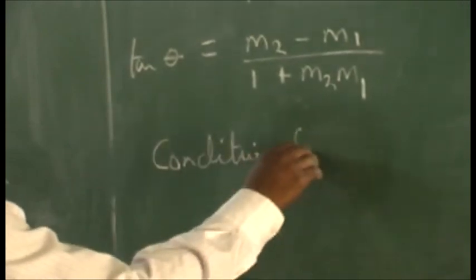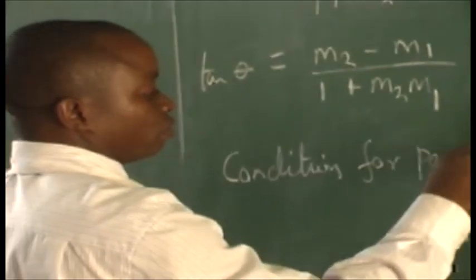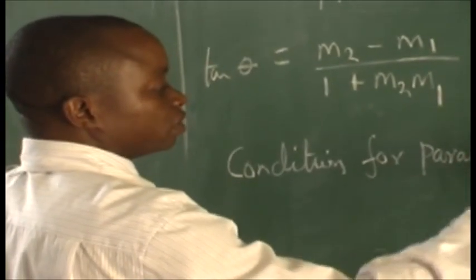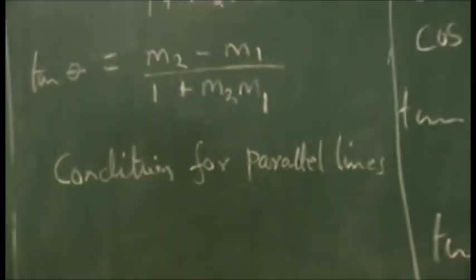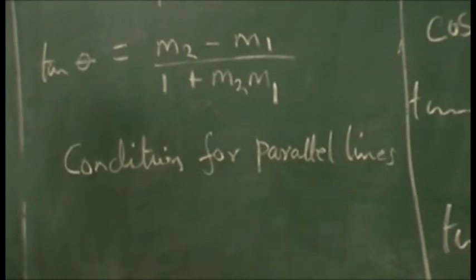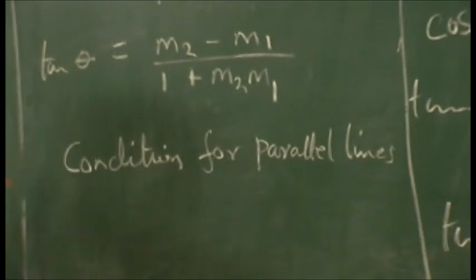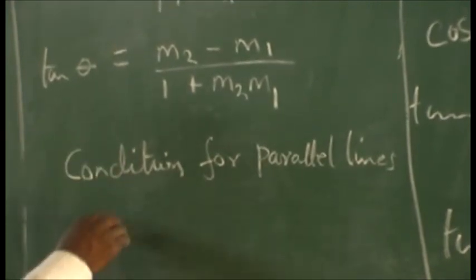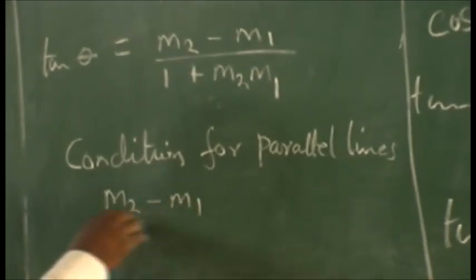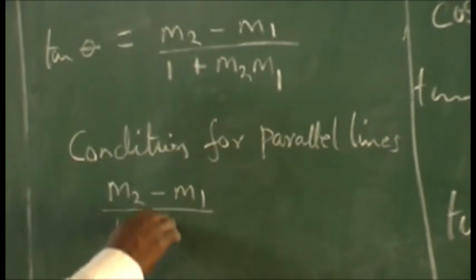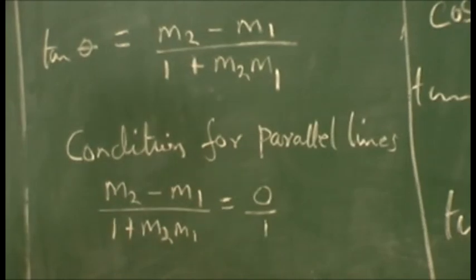Condition for parallel lines. For these lines to be parallel, if we have two lines and we say they are parallel, it means the angle is 0, which we have already said. So what it means is that (m2 − m1) all over (1 + m2 m1) will be equal to 0. Of course, 0 over 1 is 0.